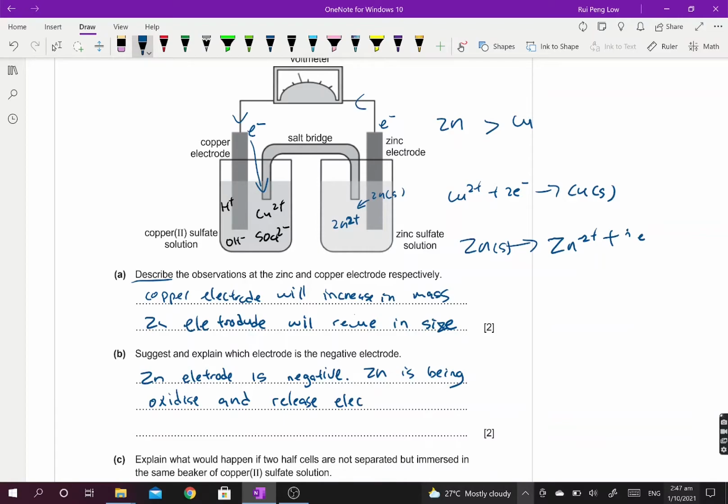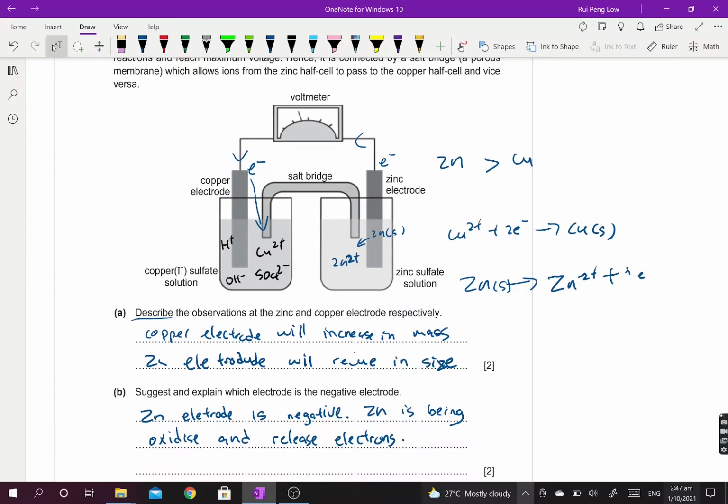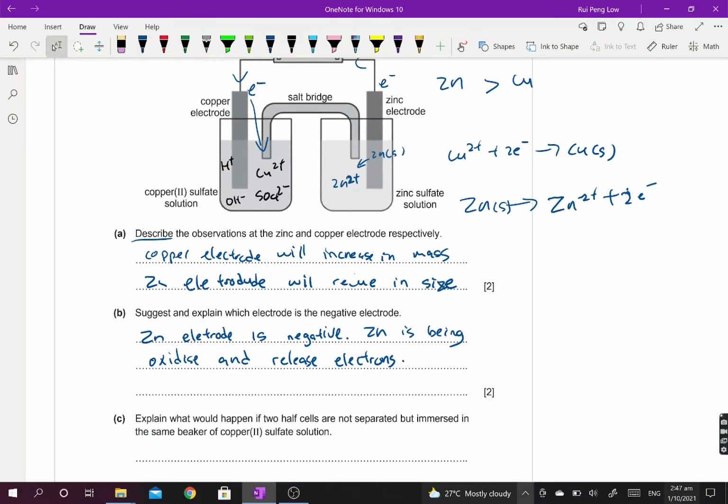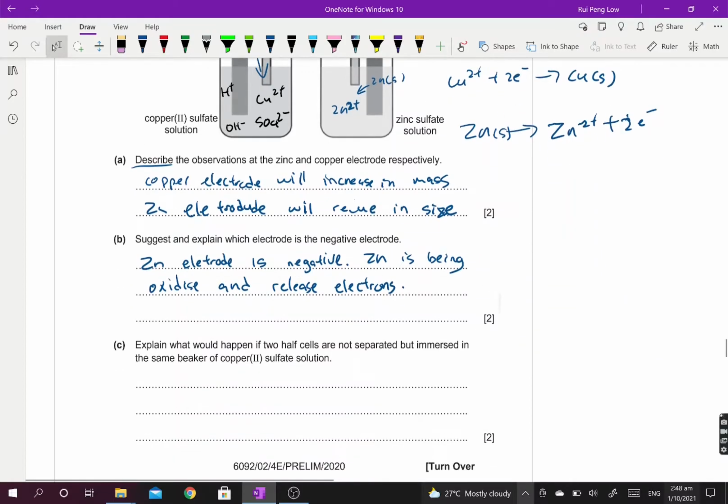How do we determine which electrode is negative or positive? The one that gives out electrons will be negative. The one that takes in the electrons will be positive. That's how we define which is the negative electrode and which is the positive electrode.